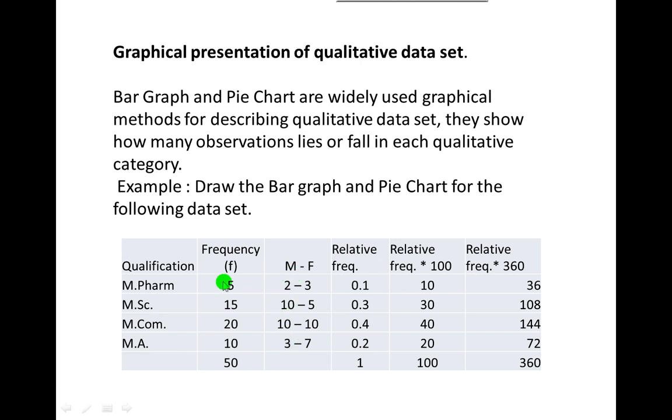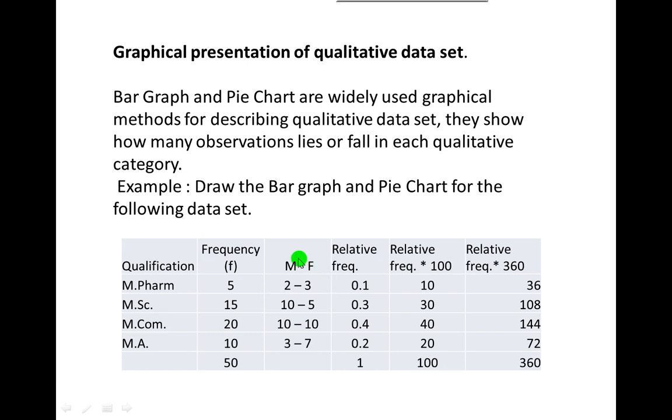And out of 5, 2 male, 3 female; 10 male, 5 female; 10 and 10 both are same; and 3 male, 7 female. In multiple bar graph, we will use the variable qualification, first column and third column.